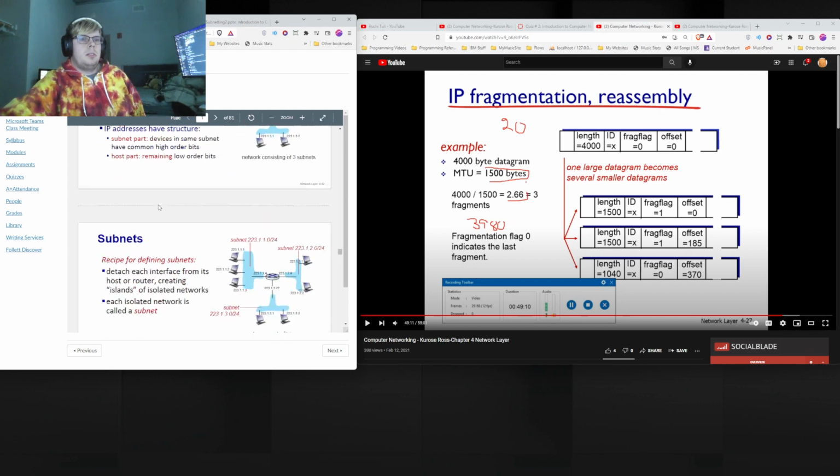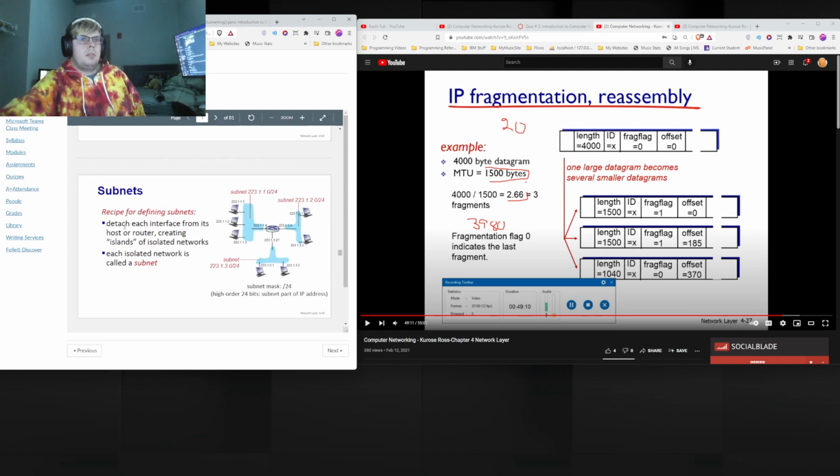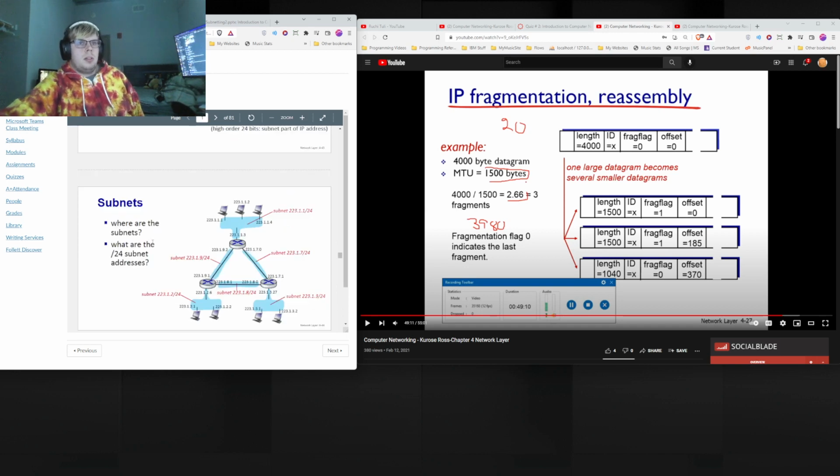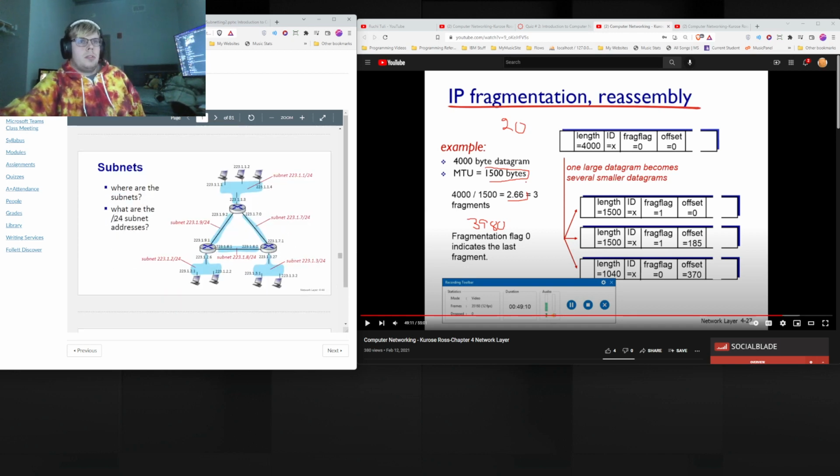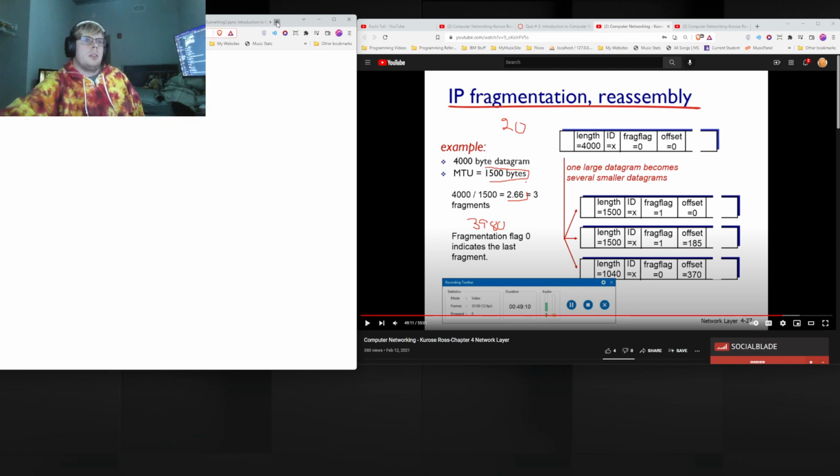Okay. Detach each from its host or router, creating islands of isolated networks. Okay. What are the /24 subnet? There was a question on my quiz that I wanted to figure out real quick.